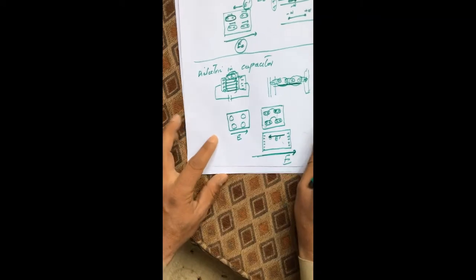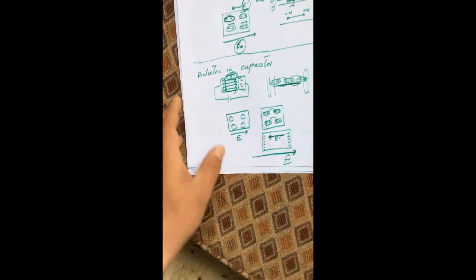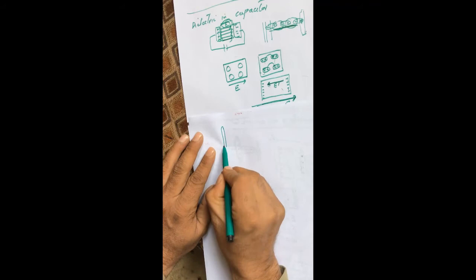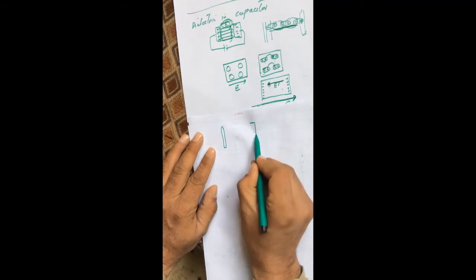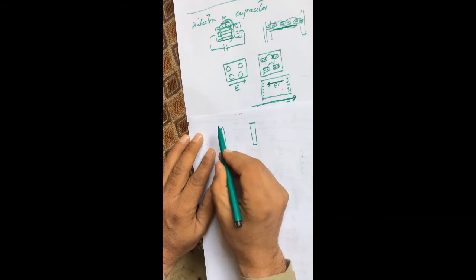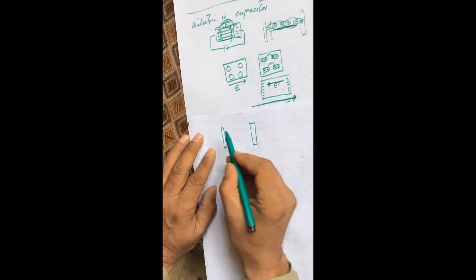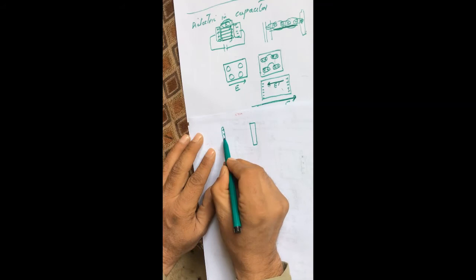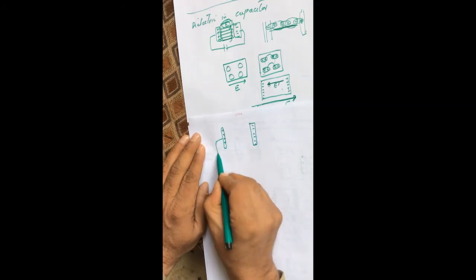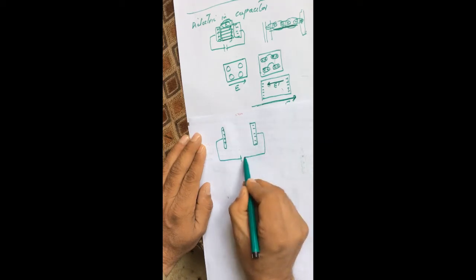So if I plot it like this, I will use the proper capacitor now. So we have capacitor plates. Here we have a positively charged plate. Here we have a negatively charged plate. This is connected to the positive terminal, this to the negative terminal.